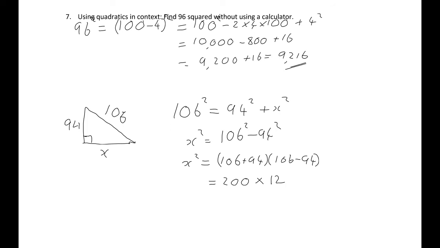Now, this is still x squared, so I'm just going to have a look at this because I'm about to square root. I'm going to bring out my square numbers. So I have 100 times 2, that's 200, times 3 times 4. X squared equals that. So x equals, square rooting it, we will get 20 root 6.